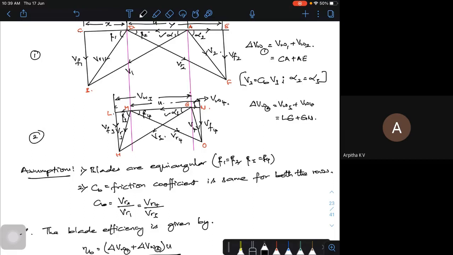Now with that condition, wherever I have alpha 3, I can write it in terms of alpha 1. So let me substitute that.